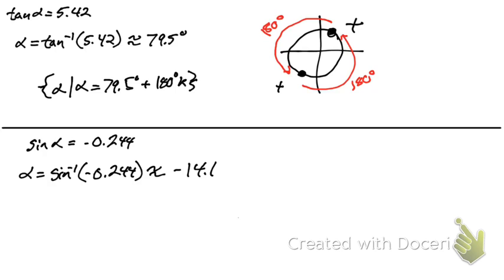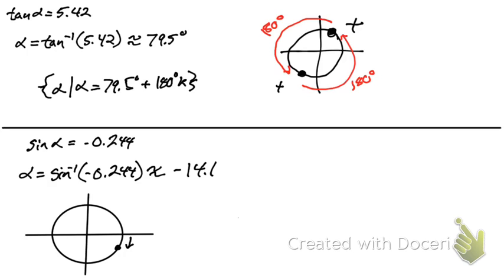All right, so if I look at my unit circle and put that on there, negative 14.11 degrees would be about here, because that's the negative direction.